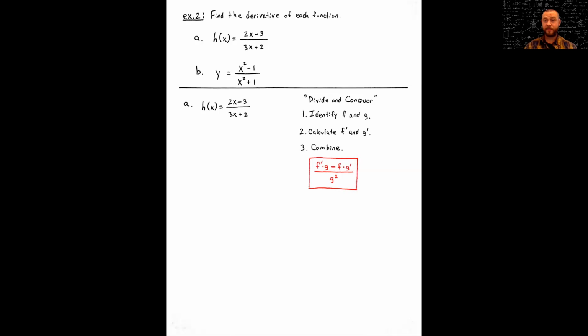So if you feel like you get the product rule, give yourself a chance to try divide and conquer. The only new part is identifying f and g as numerator and denominator, respectively, and then combining them back together with the quotient rule. If you feel comfortable, pause, give this an attempt. Otherwise, we'll just continue. I'll give you a few seconds in case you want to pause.